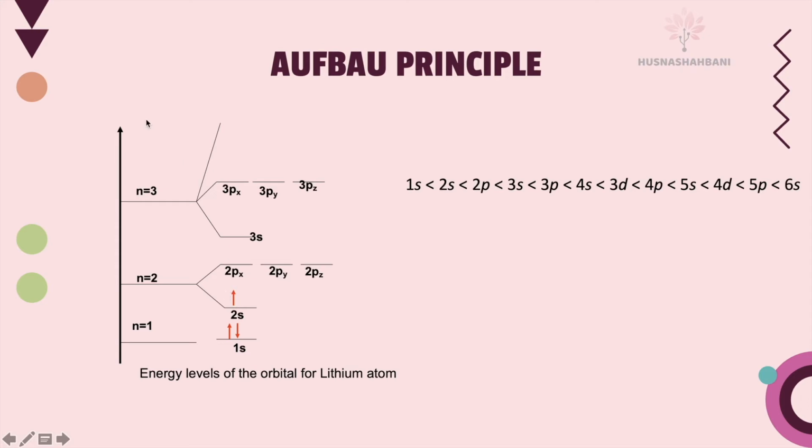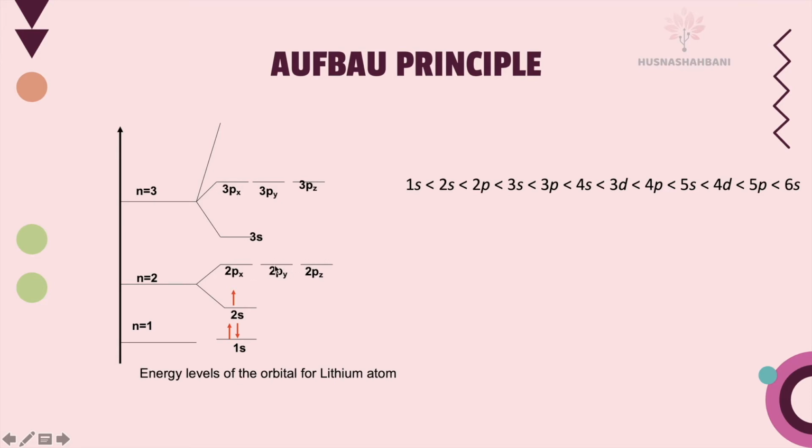So that's why this is the y-axis, shows the energy. 2p orbital position is higher than 2s position because 2p has higher energy than 2s. But 2px, 2py and 2pz is at the same level. It means px, py, pz or 2px, 2py, 2pz has the same energy value.